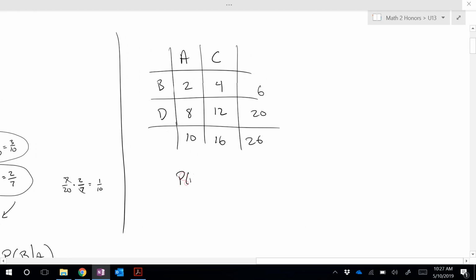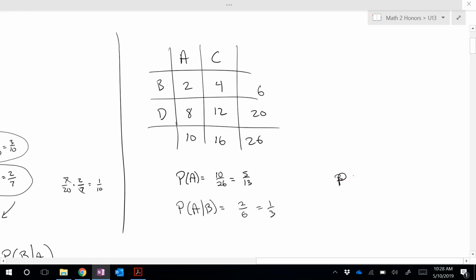What's the probability of A? 10 over 26, good, which is 5 out of 13. Okay. What's the probability of A given B? A given B, let's see here. So 2 out of 6, 1/3. Okay, what's the probability of B?